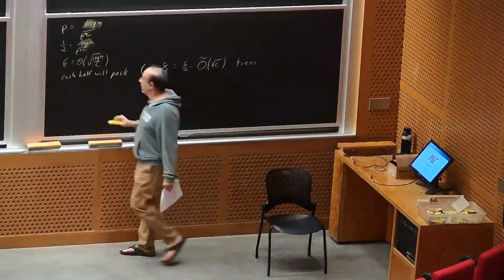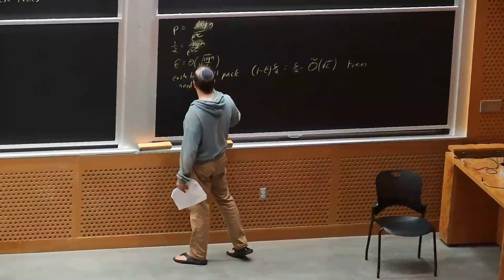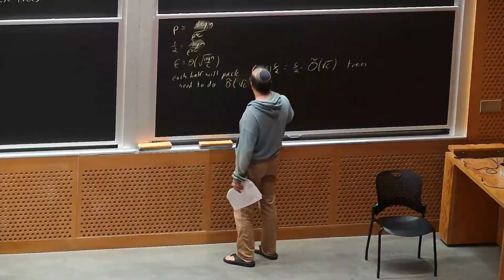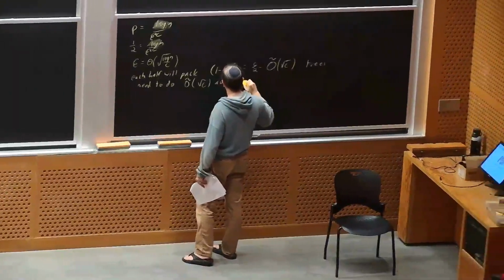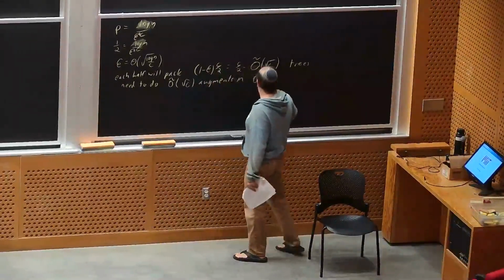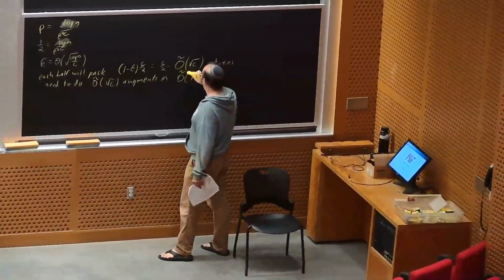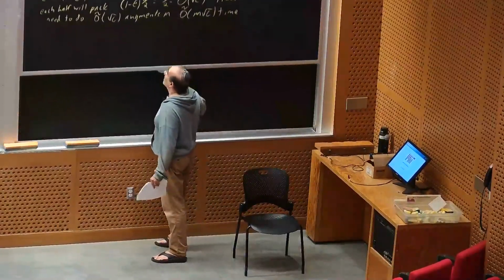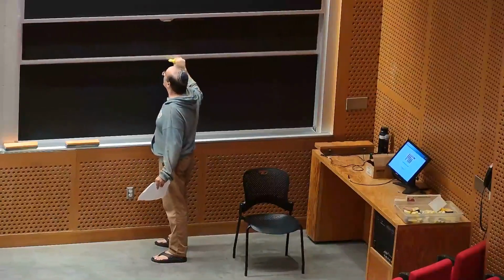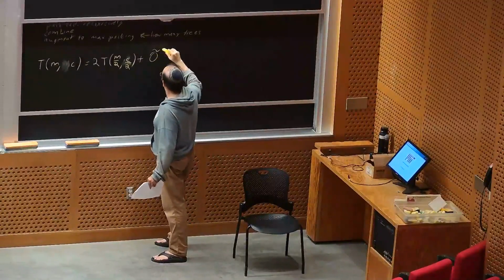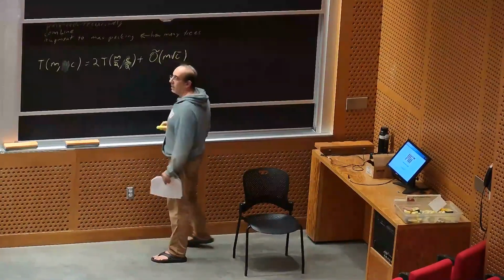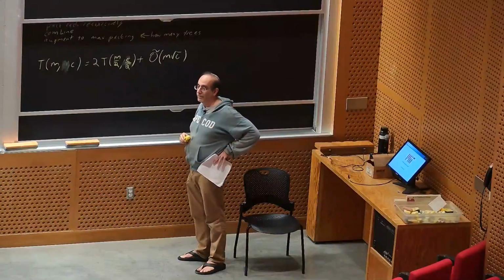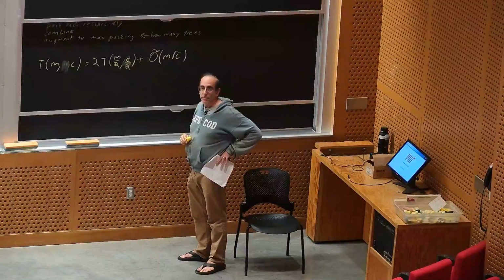And therefore, you will need to do roughly root C augmentations, which will take you roughly m root C time. And so now we can go back and fill that into our recurrence. m root C. Okay? Any questions?